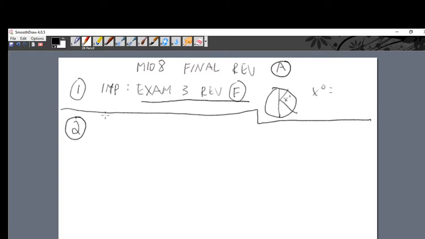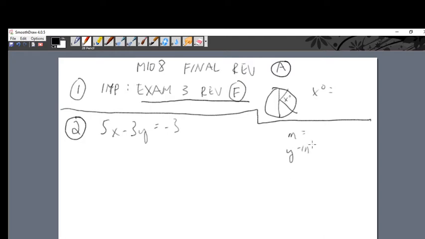Okay, here's what I want to show you next. What if you have 5x minus 3y equals negative 3? And here's what they want from us. They want the slope and they want the y-intercept.